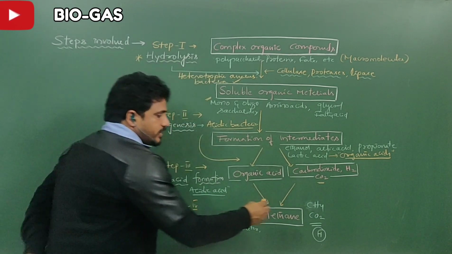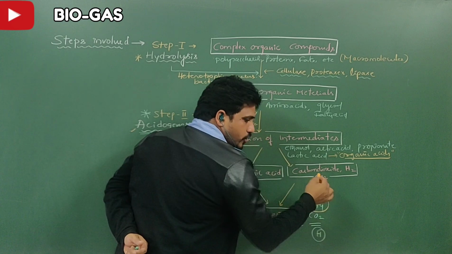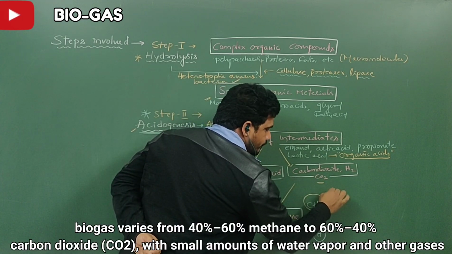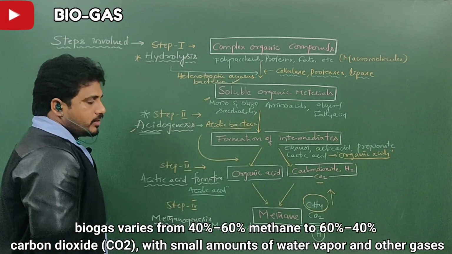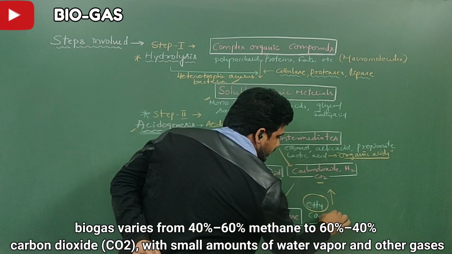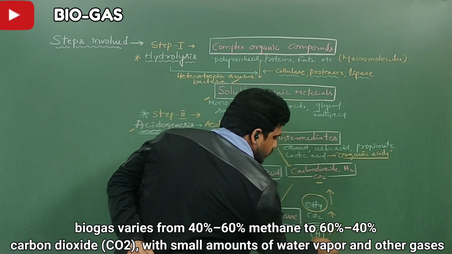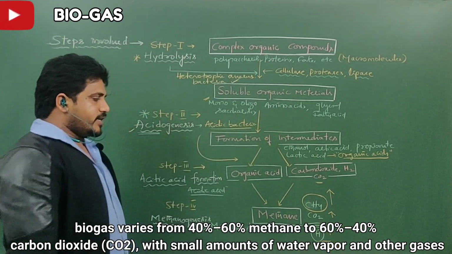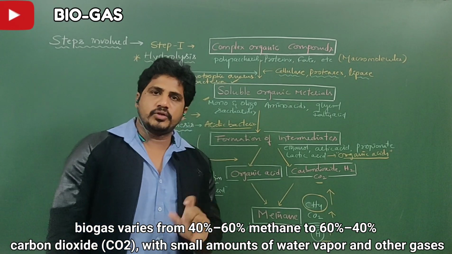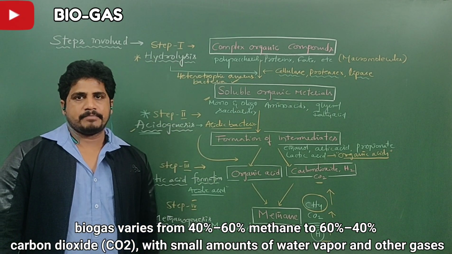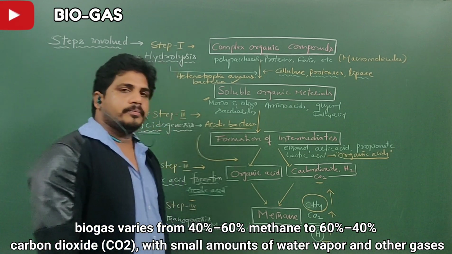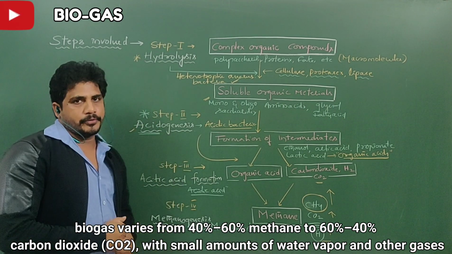But the major percentage in the methane gas, gobar gas or biogas, is methane. Next carbon dioxide. Next hydrogen. Sometimes CH4 plus CO2 both together are called methane gas or biogas. So this is how biogas is produced.